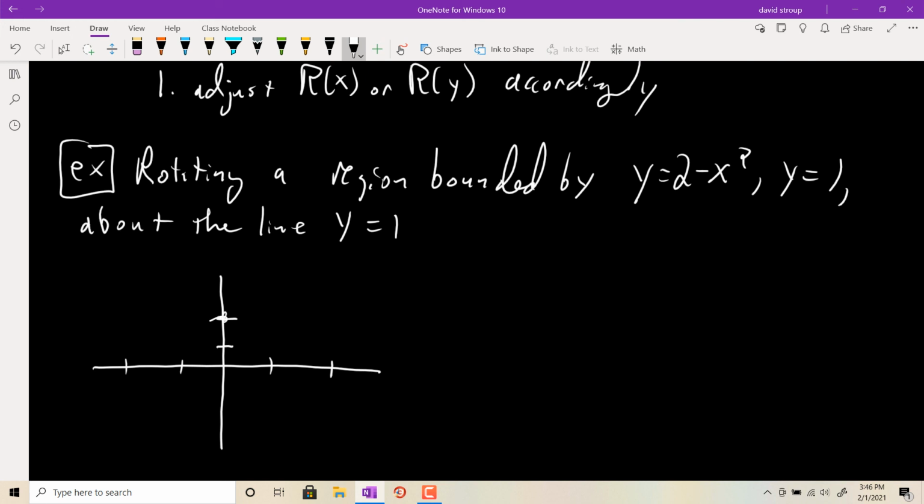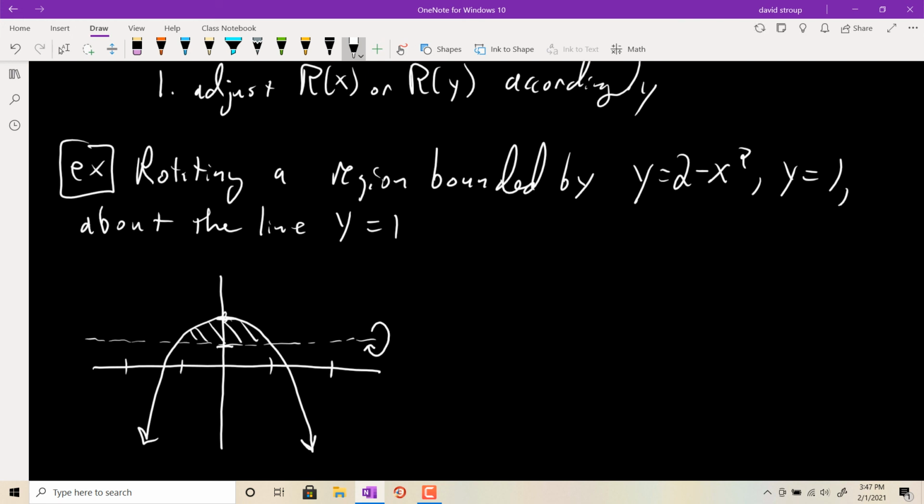So let's draw that thing. Then the line y equals 1 is right here. And that's the same line we're rotating about. So the region is given by y equals 2 minus x squared and y equals 1. That's that region there. And then we also want to rotate it about the line y equals 1.